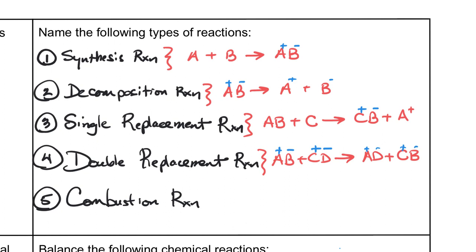The final reaction that you should know about is the combustion. A combustion reaction usually involves a hydrocarbon, say CH4, for example, or any other version of that. There's only carbon and hydrogen in the compound. You're going to react this with oxygen, and it will produce two prominent compounds, which are carbon dioxide and water.